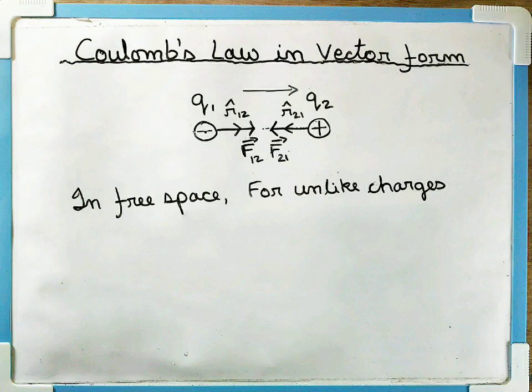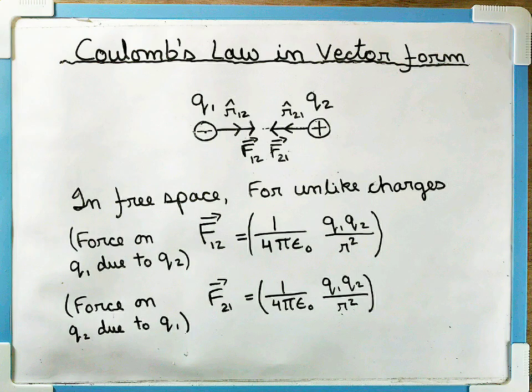Okay, so this is Coulomb's law in vector form. We only have to draw the unit vectors R cap 12 and R cap 21, and we see the direction of these two forces. Now these are for like charges. Coulomb's law in vector form for like charges.